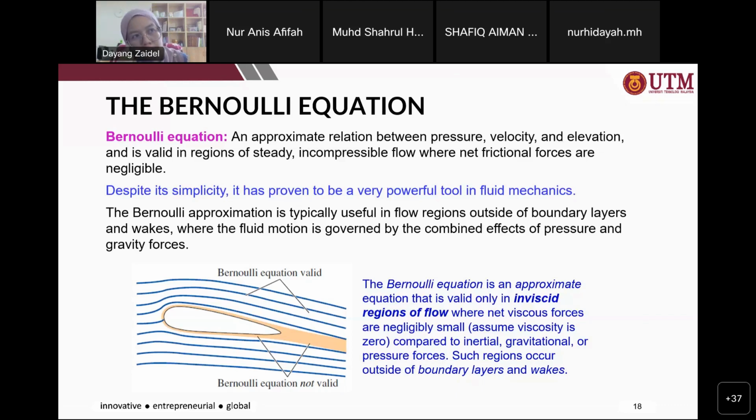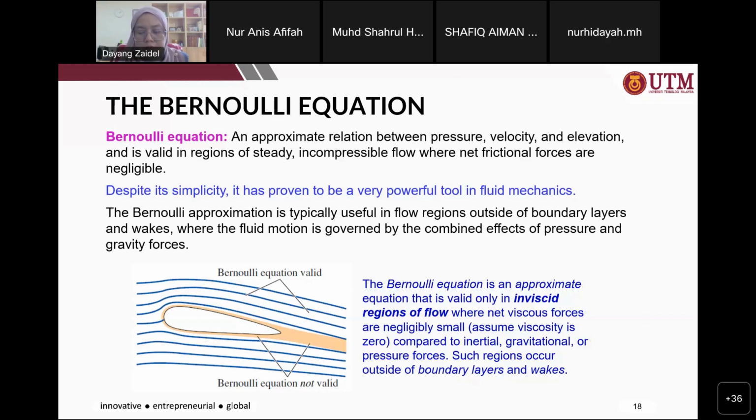Okay, and this mass flow rate, and the flow rate Q, is also Q inlet equals Q outlet, given that it's a steady state condition.